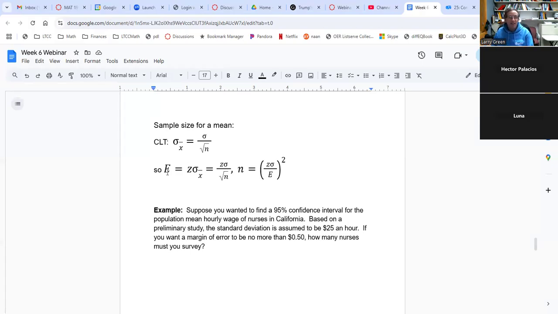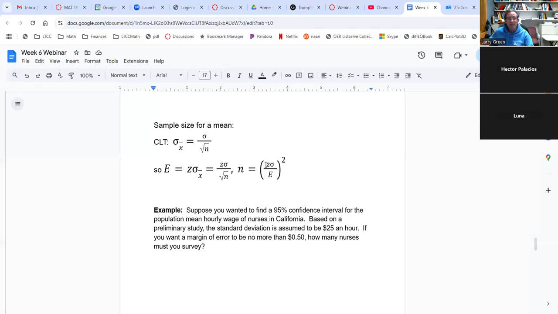So what we can say is the margin of error turns out to be Z times sigma sub x bar. And that gives us Z sigma over the square root of n, plugging in. And then we could do a little math. We can multiply by root n, divide by E, and square both sides.